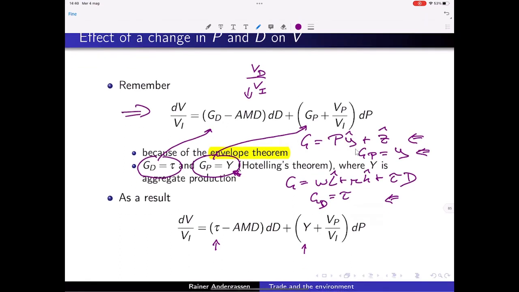By the way, this here is from the production side, because I'm using here the definition of GDP as the value of final output produced. That's why this is what is produced in the economy. Now I'm using some further results concerning Vp or Vi, which are from the consumer side.